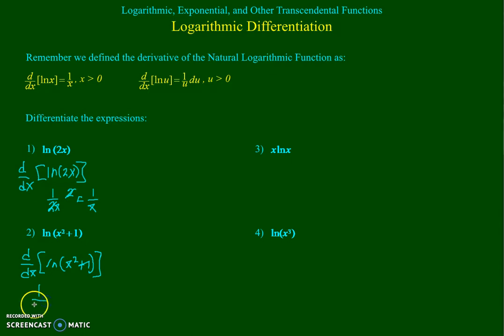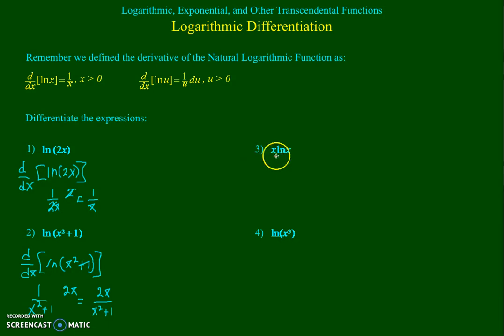We have 1 over u, which is x squared plus 1, times the derivative of this denominator, which is simply 2x. This does not simplify in any way, so we just join the terms. And there you have it. All right, go ahead and give number 3 a try and start up when you're ready.